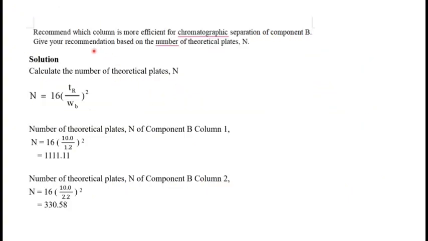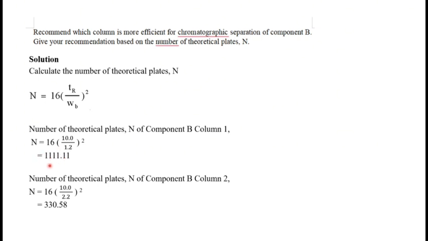First part, to determine which column is more efficient, we need to calculate the number of theoretical plates. This is the formula of number of theoretical plates. From the information given in the box, just apply the values from column 1 and column 2 into the formula of n.